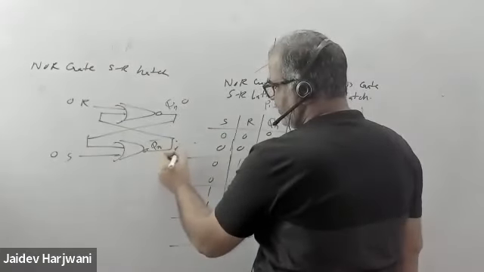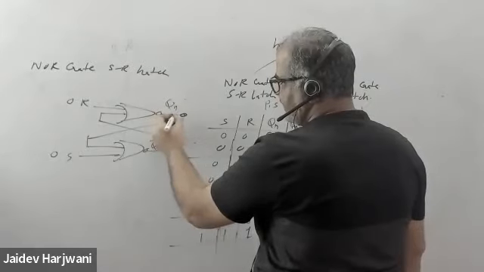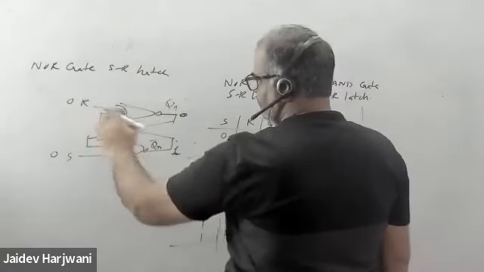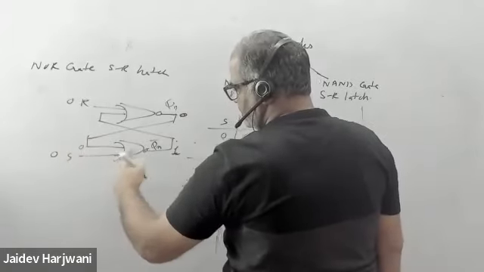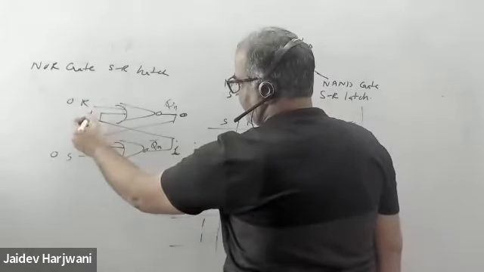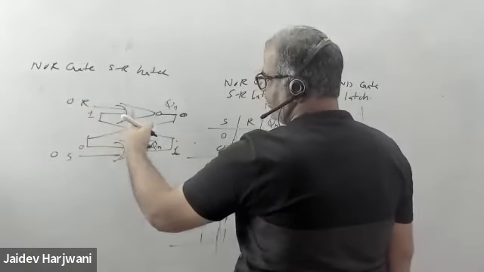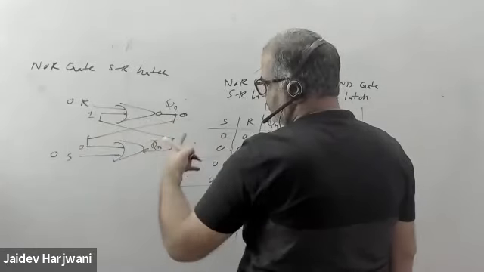This Q bar is 1, and this is your 0. So what will be my next state? Going here, 0 0 gives 0, NOR gives 1. This 1 going here, 1 plus 0 is 1, and the NOR becomes 0. This 0 going here, this is stable.